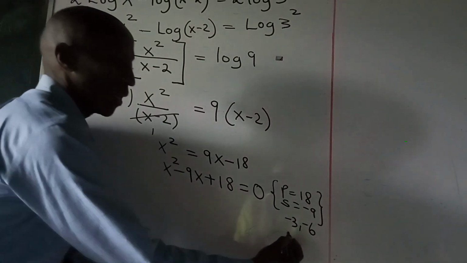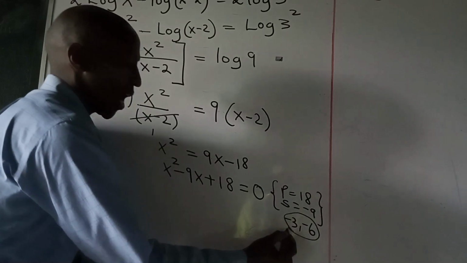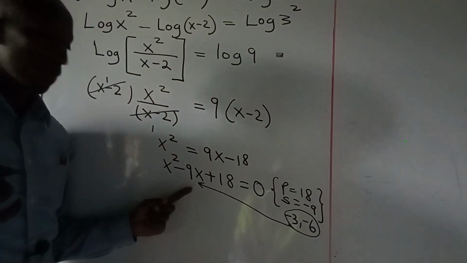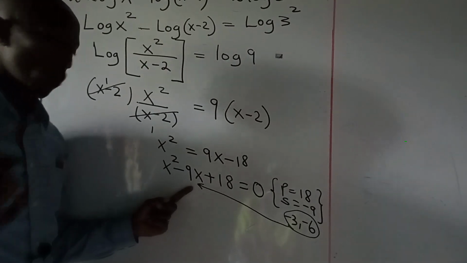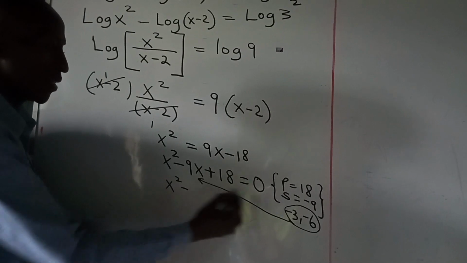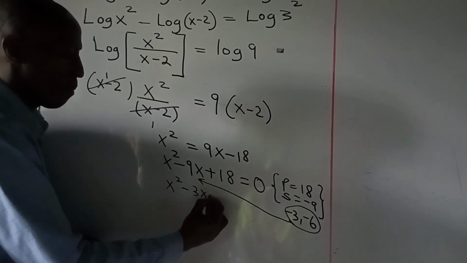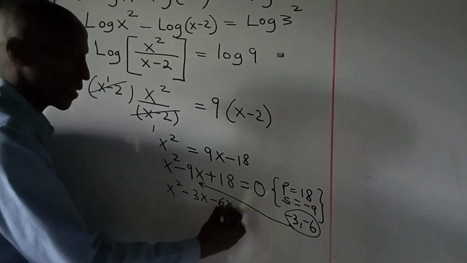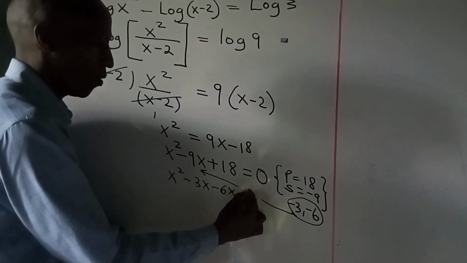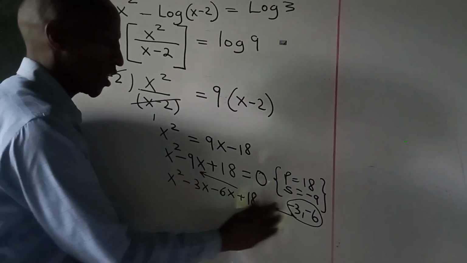These two numbers we are going to substitute in the middle term. And what does that give us? It gives us x squared minus 3x minus 6x plus 18.